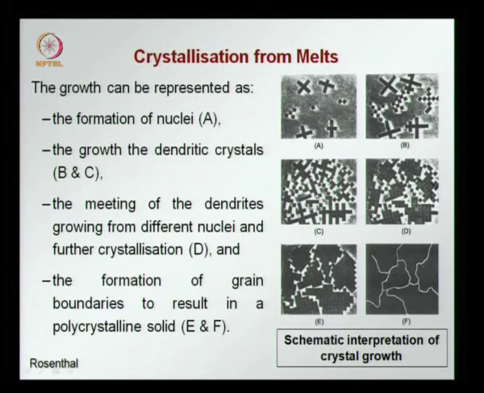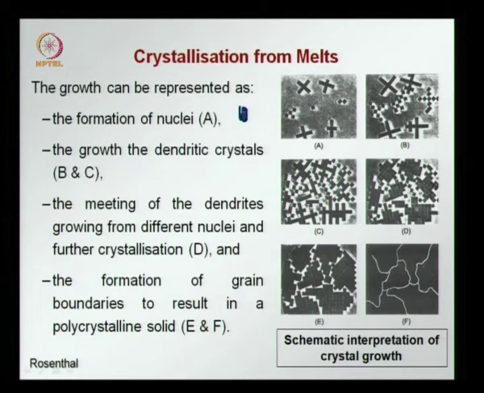So, you have these grain boundaries which develop between the crystals or dendrite structures, and that eventually becomes the grain boundary, and you have a grainy appearance to the material consequently.